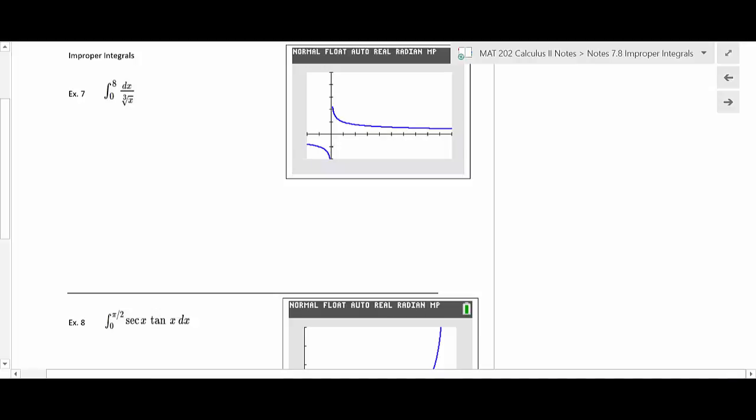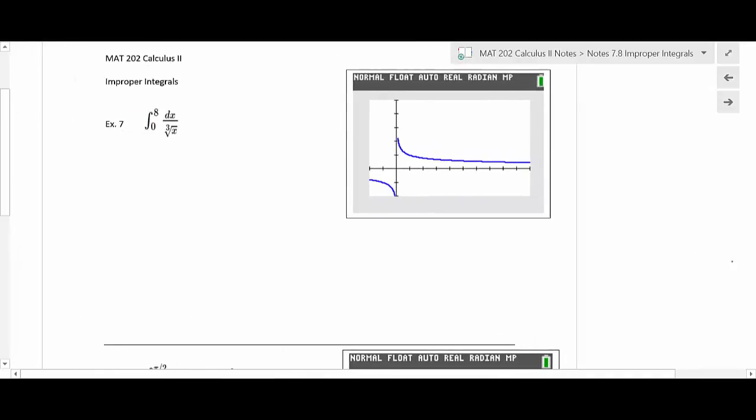But the first thing you want to look at, and you don't have to graph actually, is where the vertical asymptote is. Where's this thing undefined? 0. Okay, so you have a vertical asymptote at x equals 0. You can't have 0 in the denominator, so we know that. Okay, so that's where our problem area is.